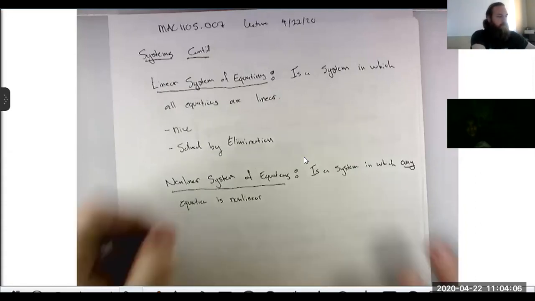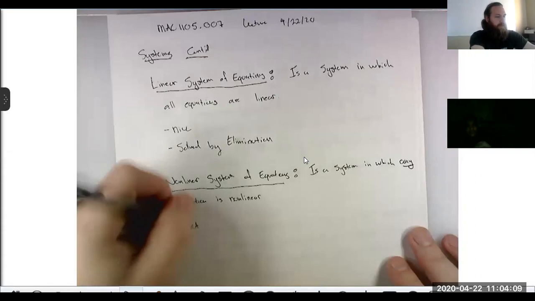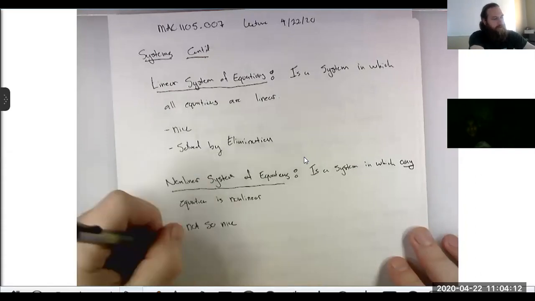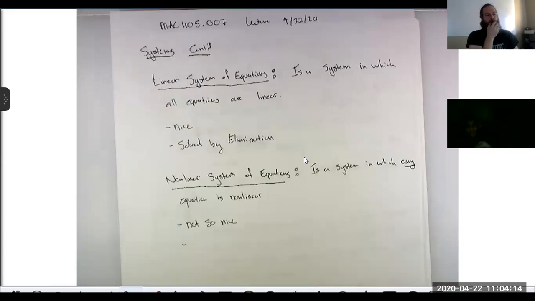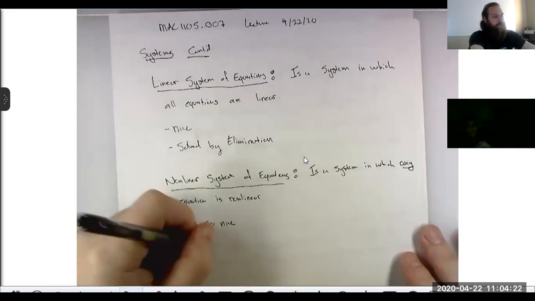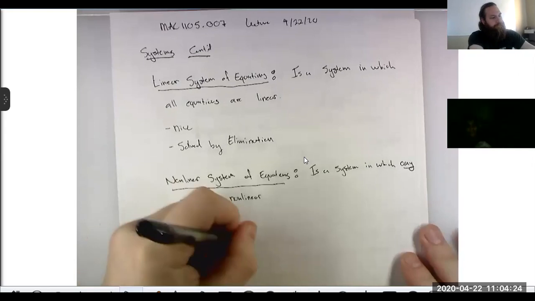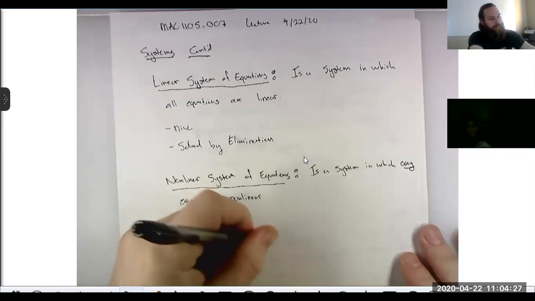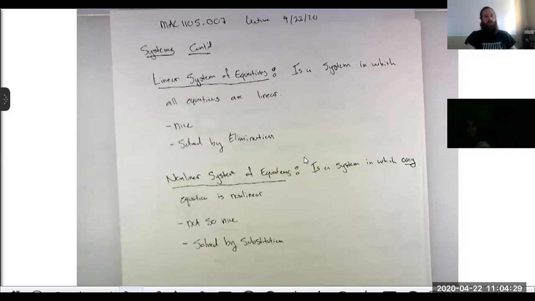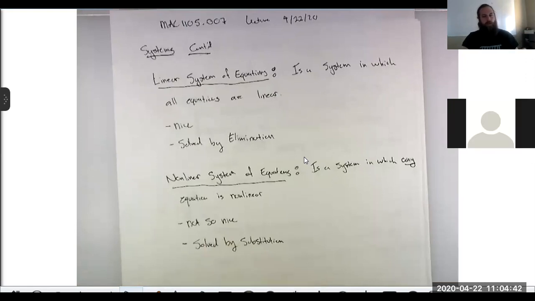These are not so nice, meaning the theory behind them isn't as clean as the theory for linear systems. And on Friday, we're going to talk a little bit about the theory behind linear systems. And these we have to solve with substitution. You can use substitution to solve linear systems also. It's just not wise to do so. It takes longer, it's messier, and as the size of the linear system gets larger and larger, the substitution method gets clumsier and clumsier, whereas the elimination method is always nice.